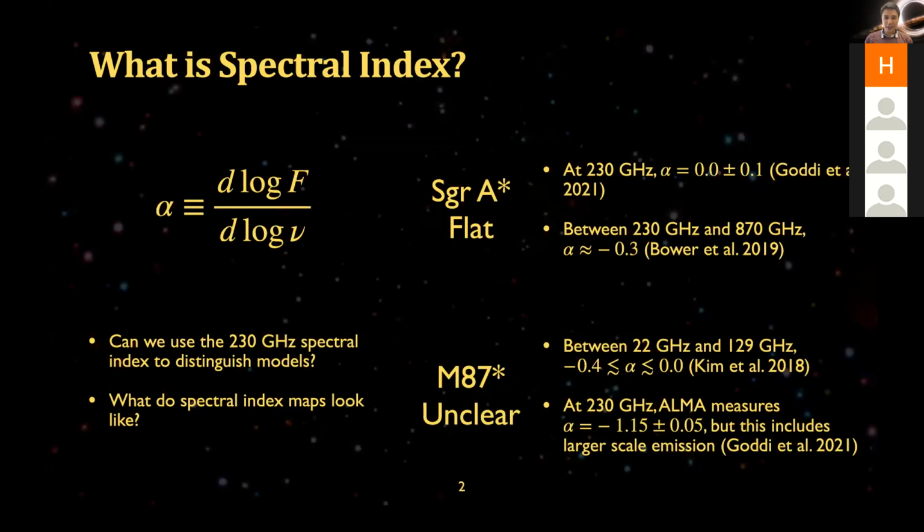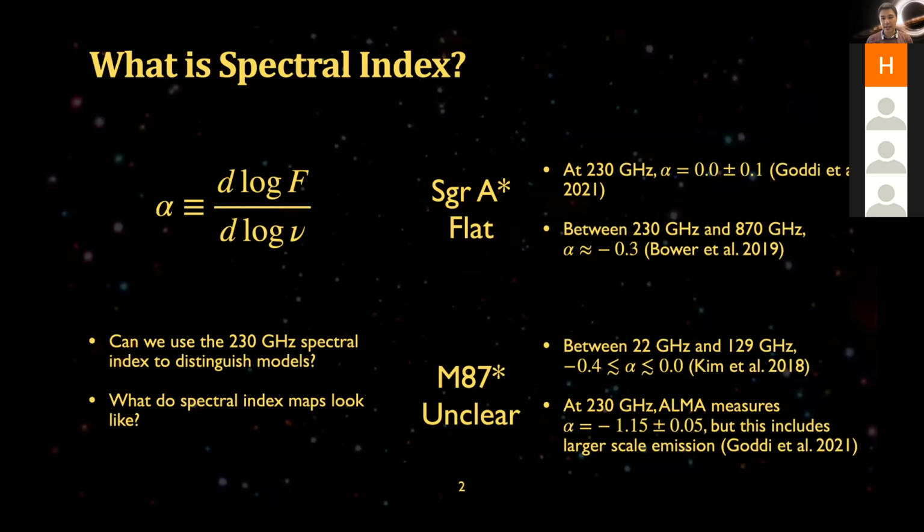Now, in terms of the observational data for Sagittarius A*, we believe that the spectral index is flat and becomes more negative as you go to higher frequencies. For M87, the situation is actually a bit unclear as far as 230 gigahertz goes for the event horizon scales that we're interested in.